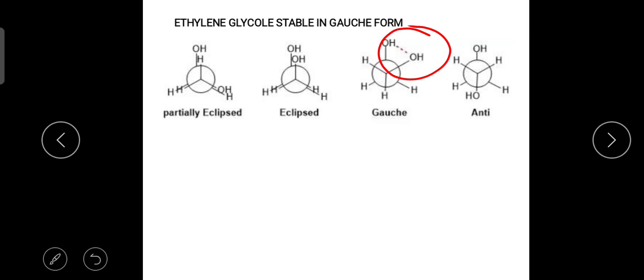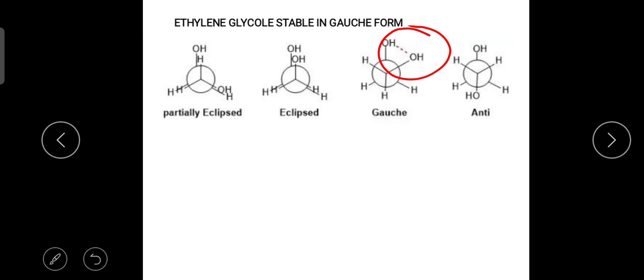Therefore, this gauche conformer is more stable compared to the other two conformers. For this reason, ethylene glycol has a considerable dipole moment, and this gauche conformer is recognizable by IR spectroscopy.